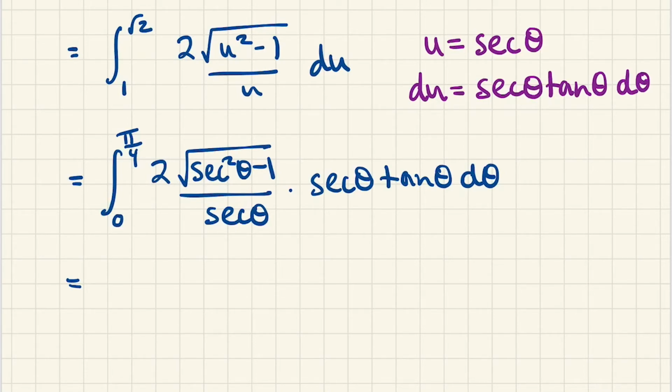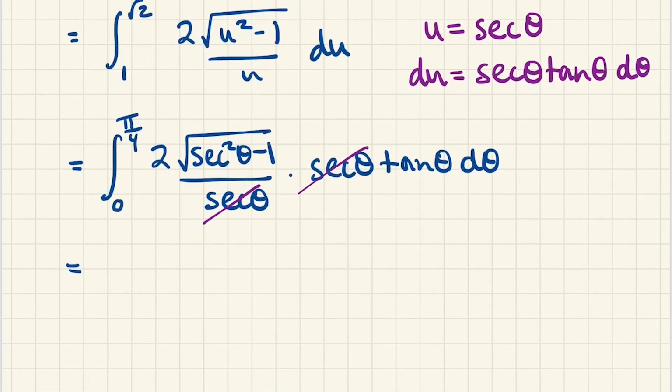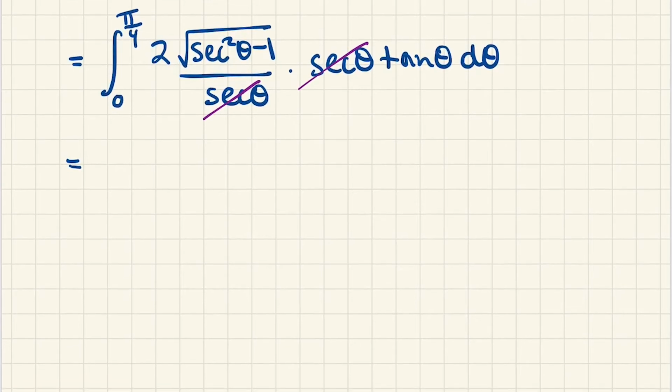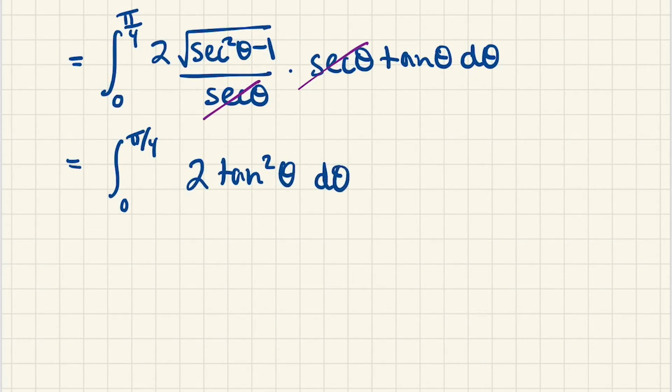So, all right, let's clean this up. The secants, of course, cancel, and all of that radical nonsense just becomes ultimately a tangent. So then we have another tangent making tan squared. So this is 2 times tan squared theta d theta. Okay, well, how do we integrate tangent squared?